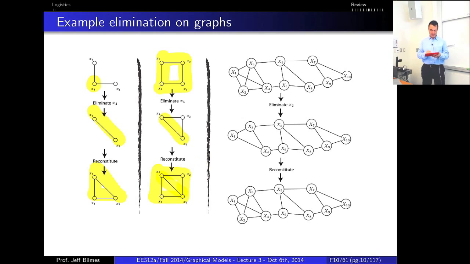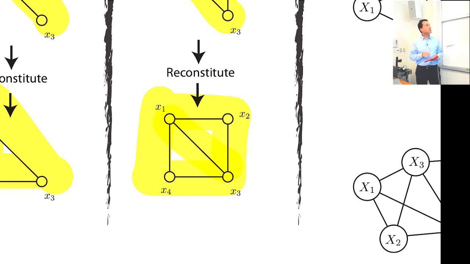One thing actually that might be worth talking about in this graph. Now once we've got this reconstituted graph, there are 2 nodes that we can eliminate that don't create fill-in. We could eliminate that guy, and this edge already is there, right?